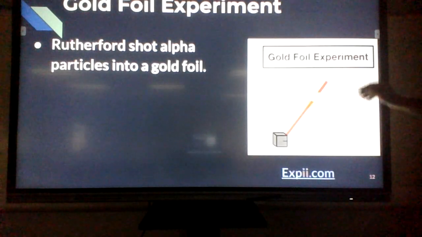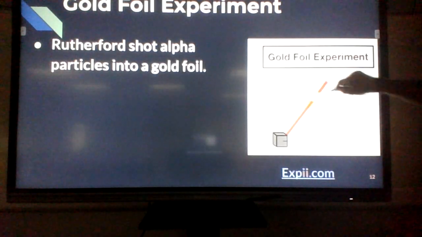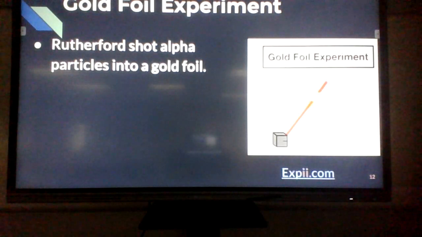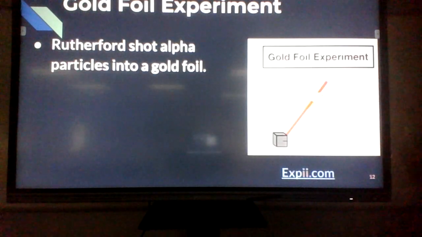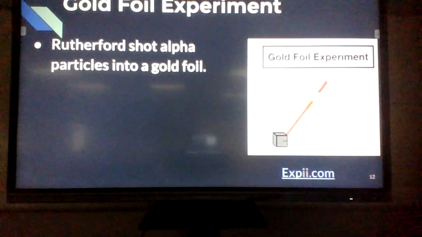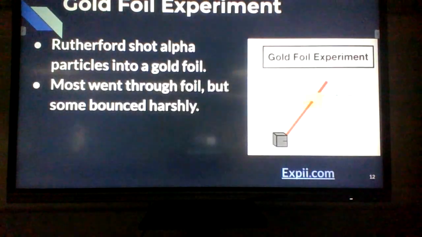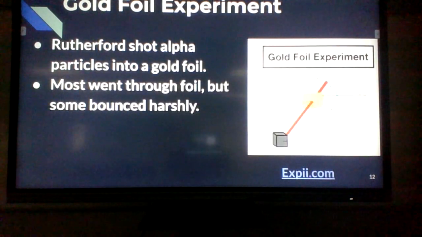These back here represent the particles that went straight through, because remember, atoms have a whole lot of empty space inside them. There's absolutely nothing between the nucleus and the electron levels. So atoms are able to pass through each other fairly easily. But then you see right here, this represents bouncing off the gold foil. Well, then there has to be something in the middle there that's deflecting these alpha particles away.